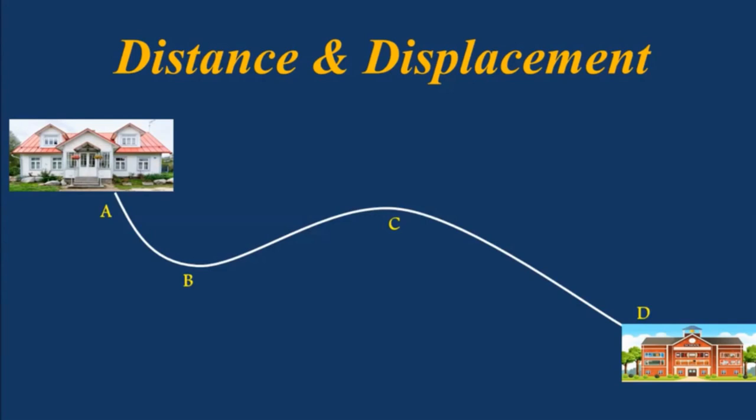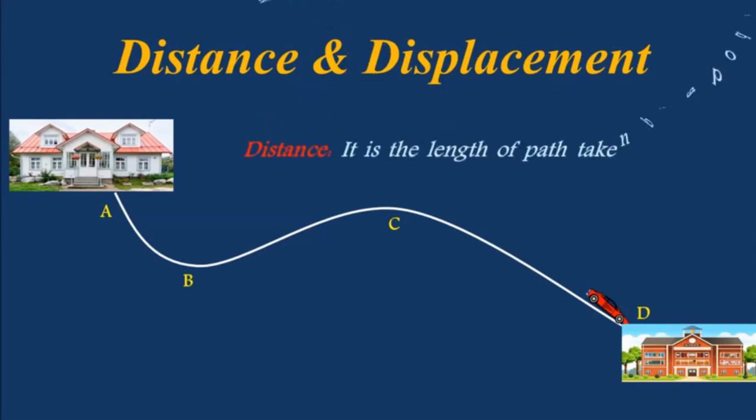Look here, a car is traveling through the path. The total distance covered by the car is called the distance. The car is moving from the first house to the second house. That is the distance travelled by the car.